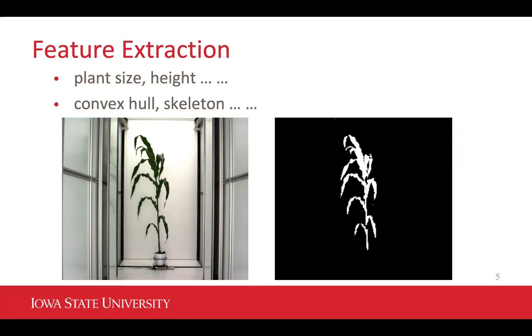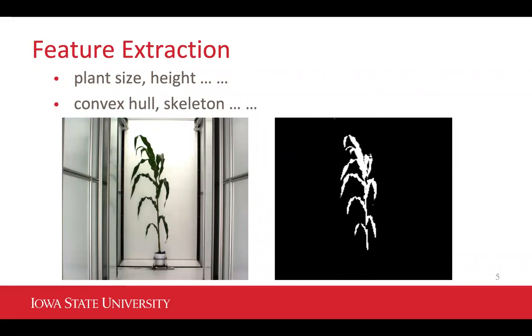For the plant height, basically it is the top row with a white pixel minus the bottom row with a white pixel. That gives us how many rows there are from the top to the bottom of the plant, and then we multiply by a constant from this camera to translate this number of rows into the actual height of the plant.